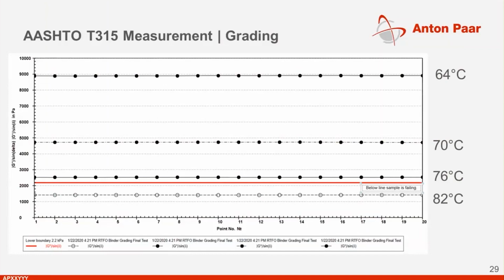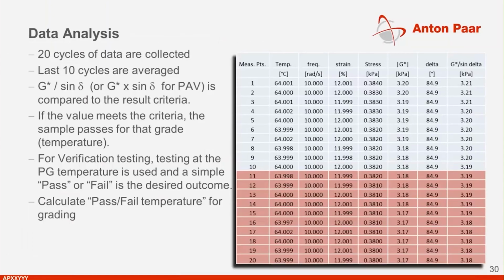Usually the grading is performed by the bitumen producers, and final customers are only performing the verification. So the data analysis is working as follows. We are conducting 20 cycles of data, but only the last 10 measuring points are used to get the results.